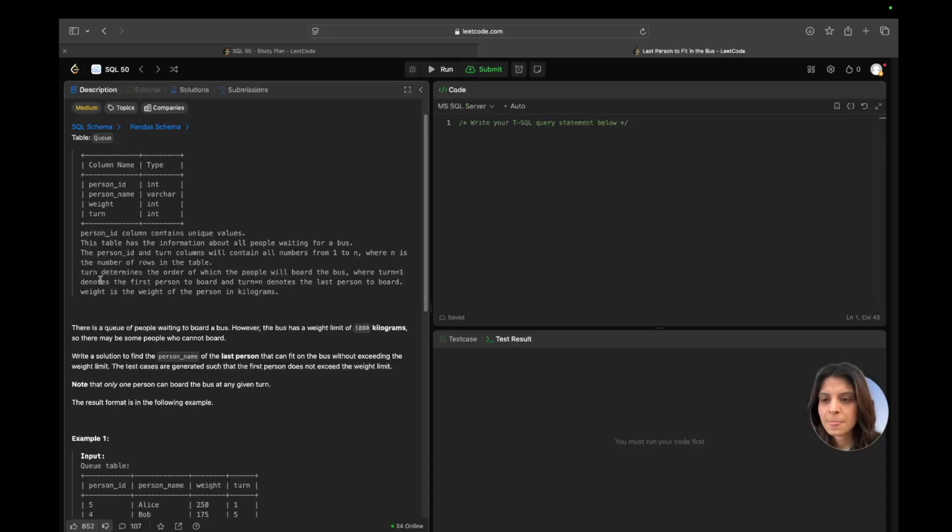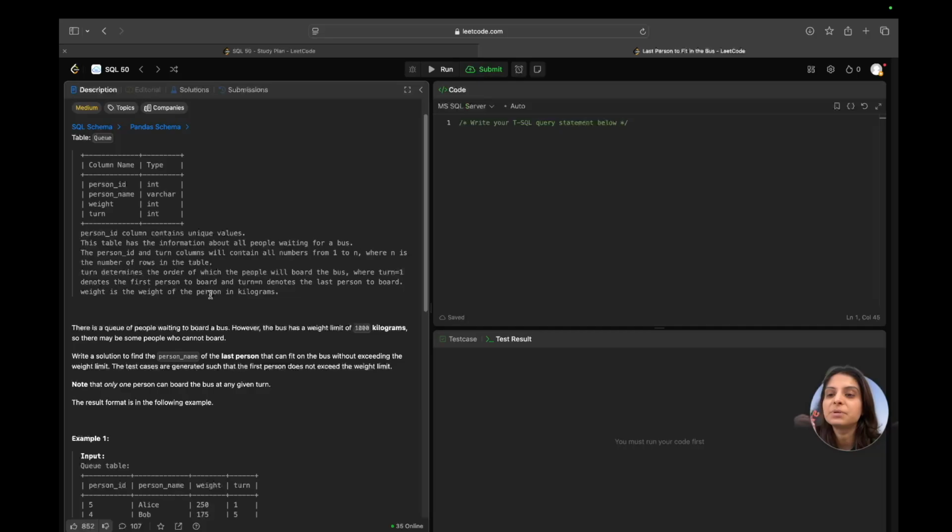Turn determines the order in which the people will board the bus, where turn 1 means the first person to board, and turn n denotes the last person to board. And weight is the weight of the person in kilograms.